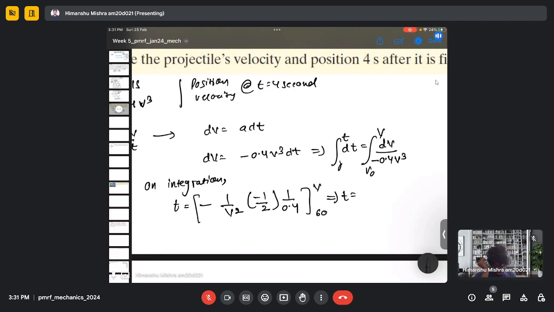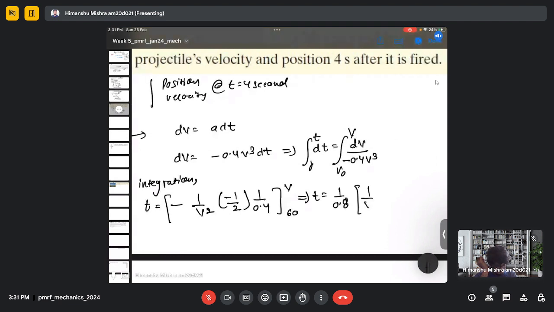So it will be 0.8, 1 by v square minus 1 by 60 square. So from this expression, we can actually calculate the expression of v.